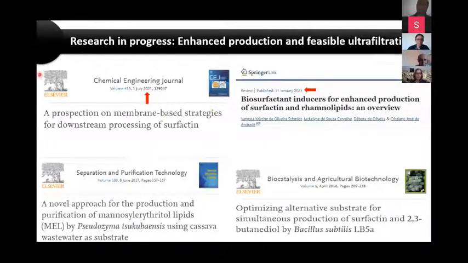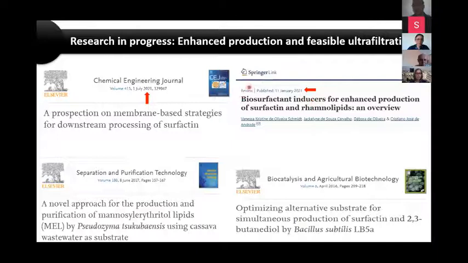Our recent publication, in quite a nice journal, is a prospection on membrane-based strategies for downstream processing of surfactants. We are trying to functionalize this kind of membrane to improve the separation between biosurfactants and protein.